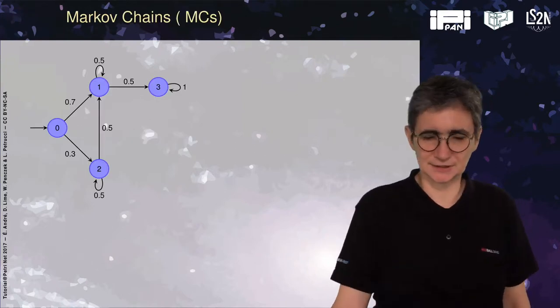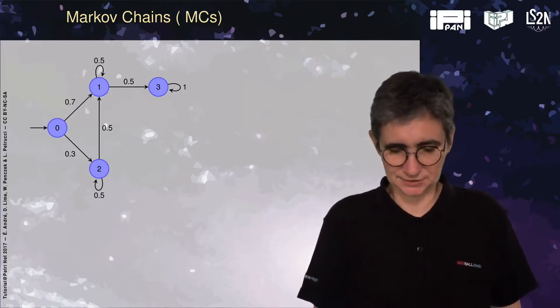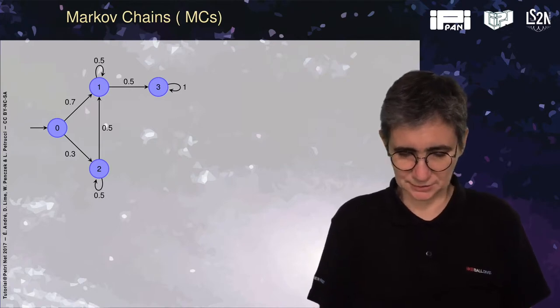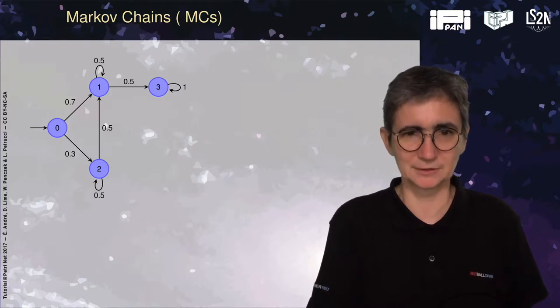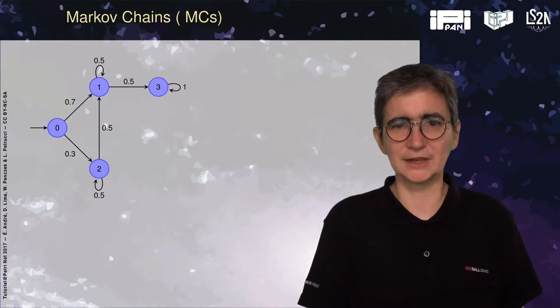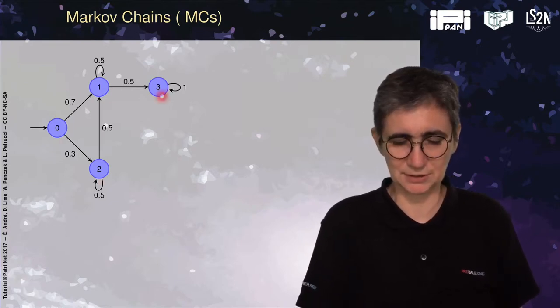Markov chains are like this example, where basically it looks like an automaton where you have different locations. Here you have an example of an automaton starting in location 0 and with three other locations, 1, 2, and 3.